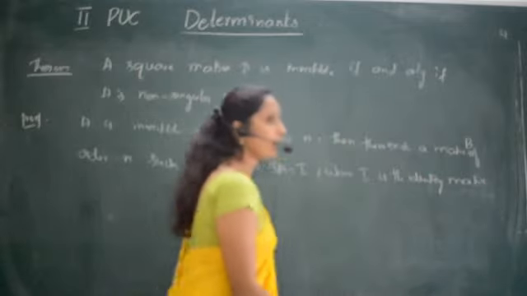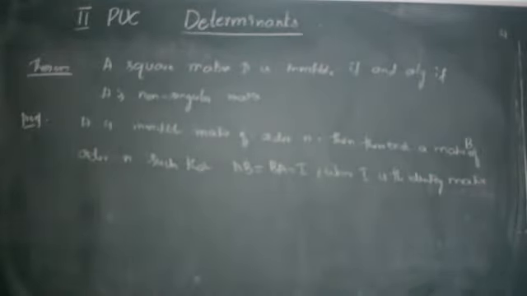So we got AB is equal to I and BA is equal to I.